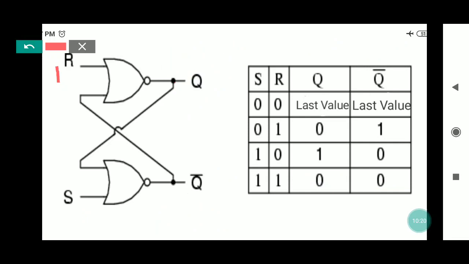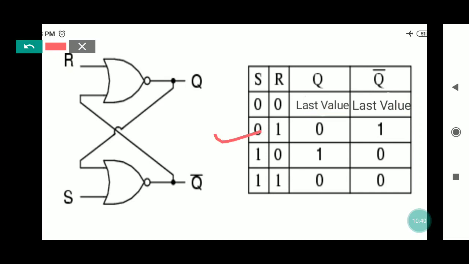Let us revise. In the first condition, the inputs are 0, 0, and whatever values were at the output, we get the same value. So we said it keeps the last value obtained at the output side.